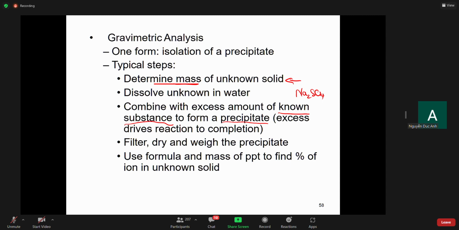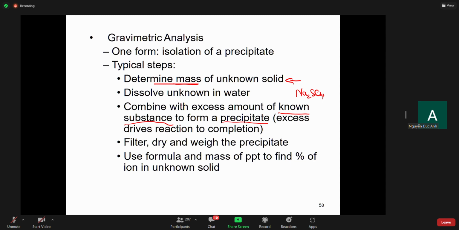You know that all sodium salts are soluble, right? So we can think that the unknown solid includes some cation that can precipitate with the sulfate ions, something like that.